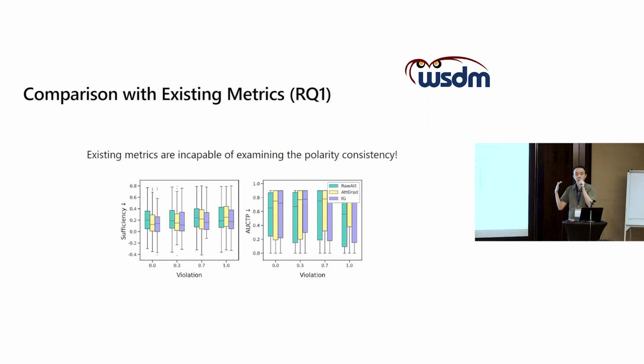So we point out the limitation of existing methods, which means that the existing metrics are incapable of examining this polarity consistency, which indicates a new metric has to be developed here.